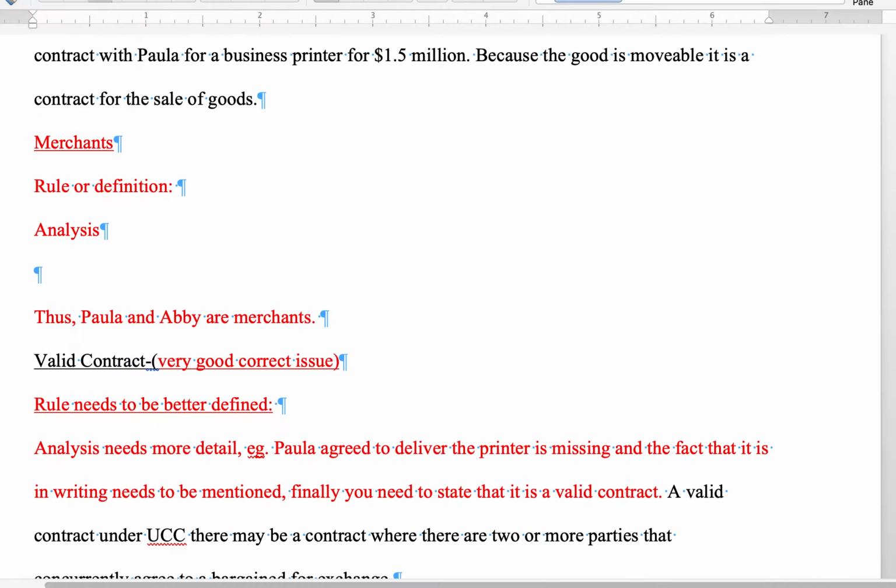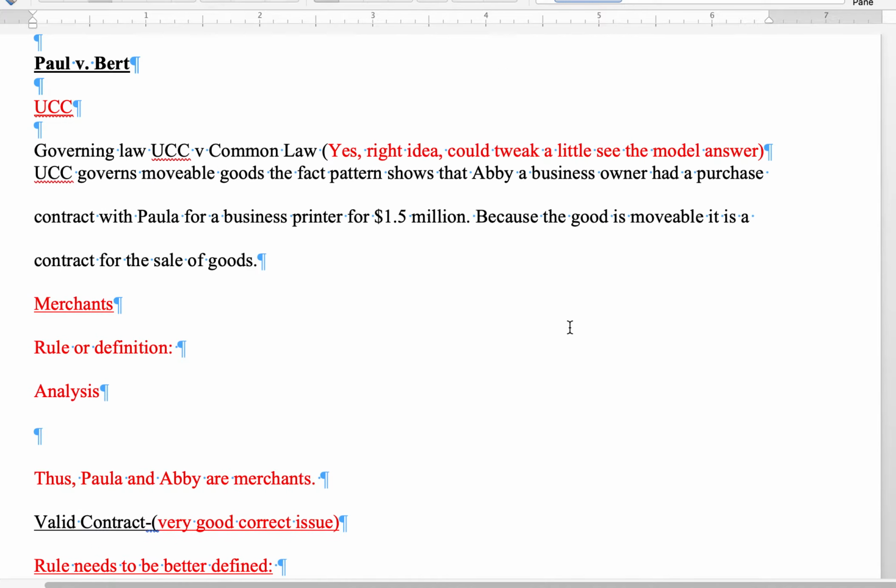If you just have the header in there, and then the definition, and then the analysis, and then the conclusion, the issue is up here, merchants. You don't have to write a full sentence, are they merchants? Just write merchants. You could save valuable time that way.